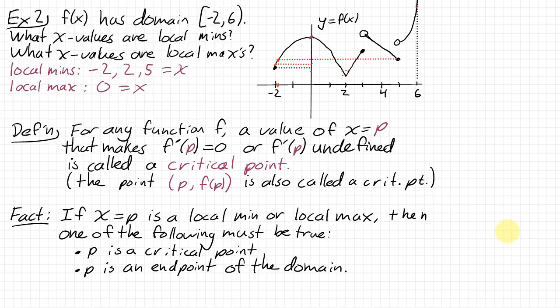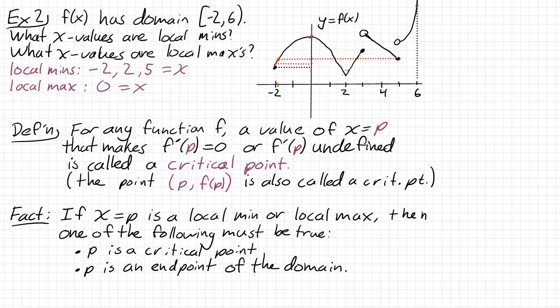So here's an important fact: if a point is either a local min or a local max, then one of these things must be true about that value of x. Either it's a critical point, which means that the derivative of the function there is 0 or undefined, or it's an endpoint of the domain. So let's just look at this last example.